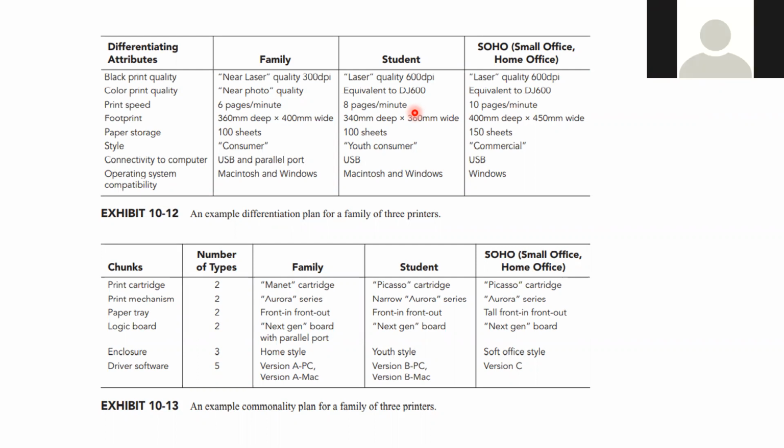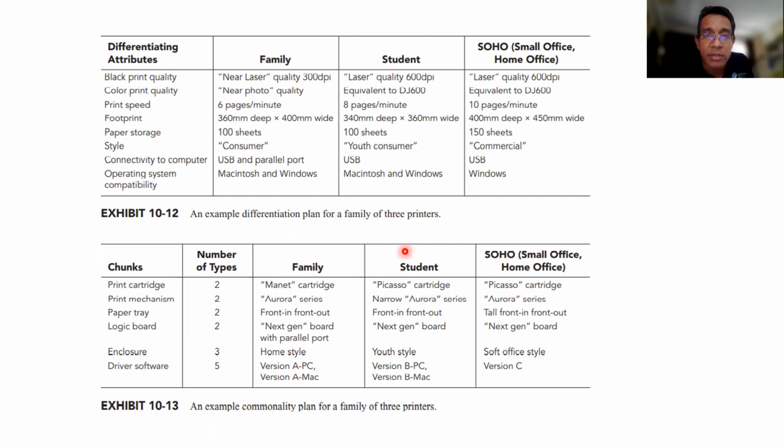But for commonality, they can also produce a lot, while sharing maybe some casing. They have a similar casing for family, student, and small office. But inside, for example the cartridge, they have a different cartridge for family and student, but common for office with student. That is how they reduce the cost.